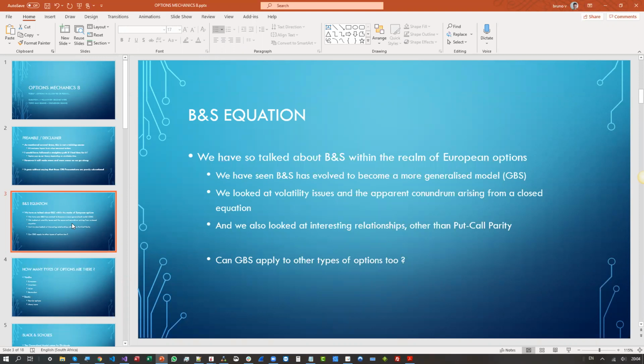So we've looked at volatility issues, and I've had some feedback about the apparent conundrum arising from that closed equation. Either you know the price or the IV, but you can't know both at the same time. I've tried to provide some answers through the volatility surface or modeling the volatility skew or smile.